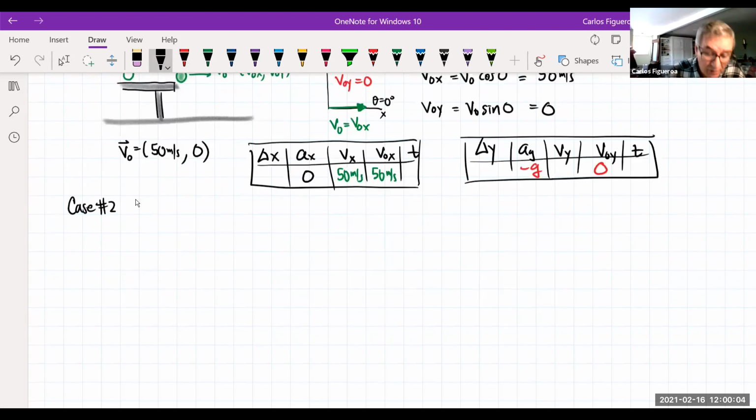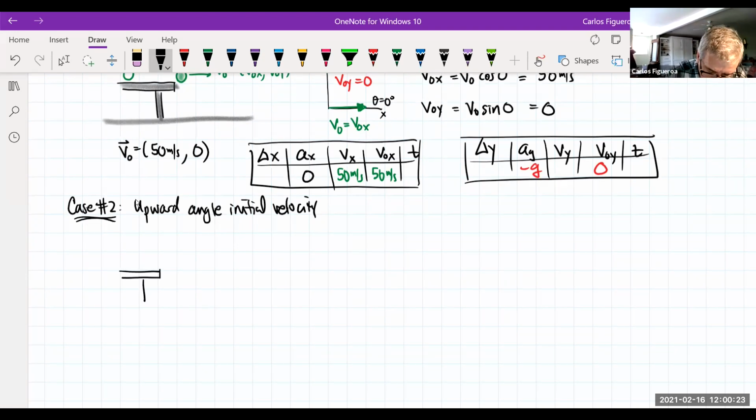So in this case, we're going to have an upward angle initial velocity. So when I'm looking at this, you could imagine, again, if I have my table, and then I'm shooting my ball this time.